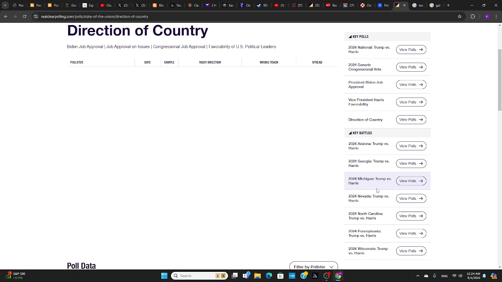So this will show there's a lot of data here. It's pretty interesting. There's maybe 15, 20 pollsters that will have this data, and the average came out to minus 38.